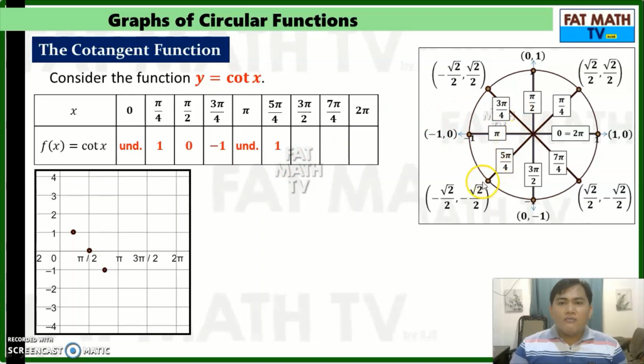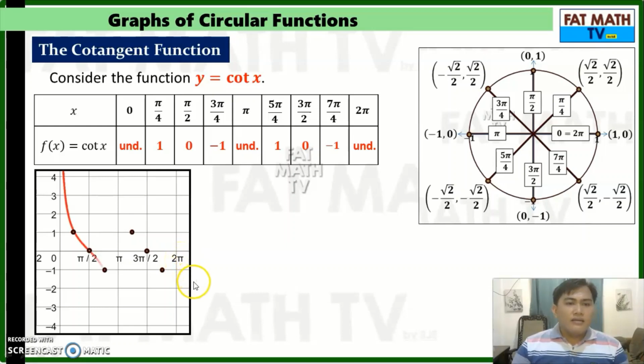For 5 pi over 4, that's positive 1, so it will be here. And then 3 pi over 2, x over y, it's 0, so 3 pi over 2, 0 is here. And then 7 pi over 4, that's negative 1, so it's here. And then for 2 pi, over 0, it's also undefined, so no value for 2 pi.